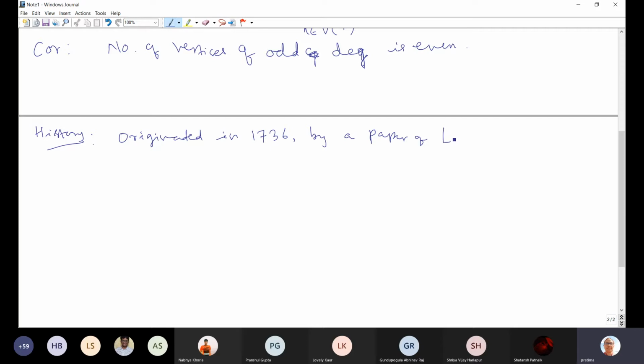You have learned many results of Euler so far. And what was in that paper?